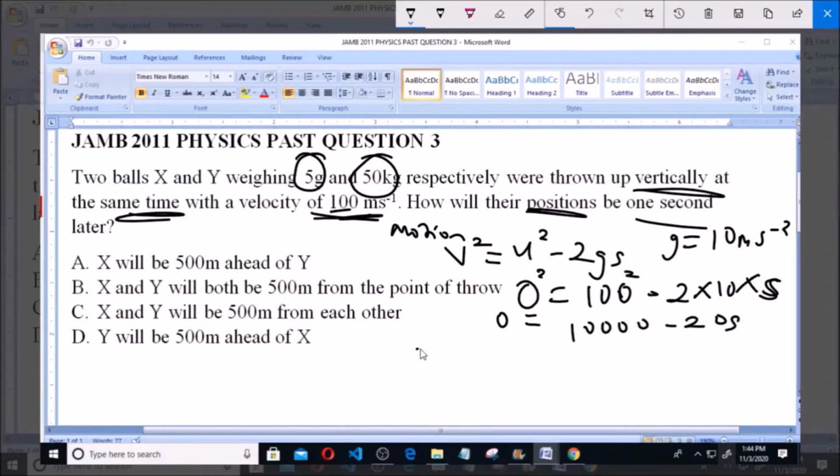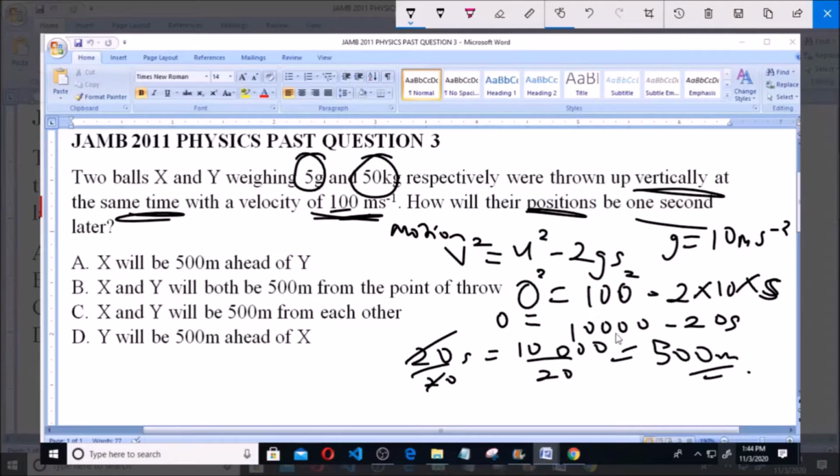Taking 20s to the other side, 20s equals 10,000, so divide through by 20. So s is equal to 500 meters. Now 500 meters will be the distance covered by any of the objects. Looking at this calculation we just made, one thing you can deduce is that it is independent of mass.